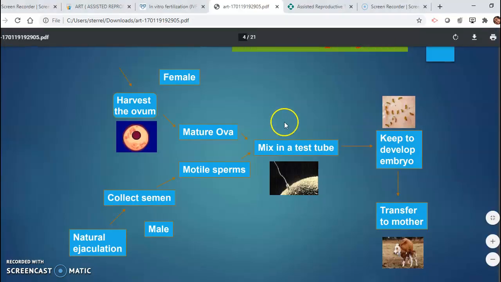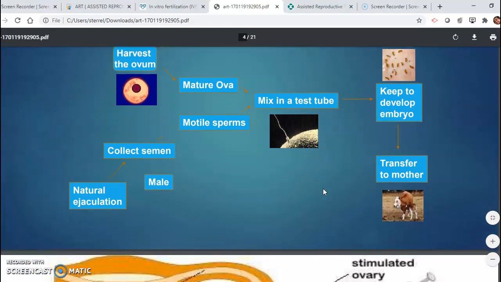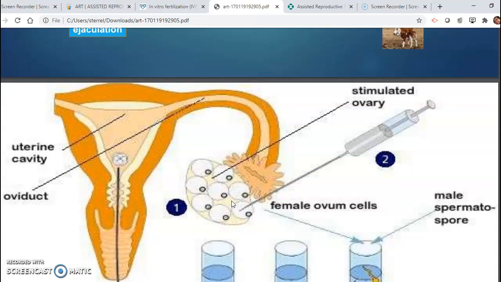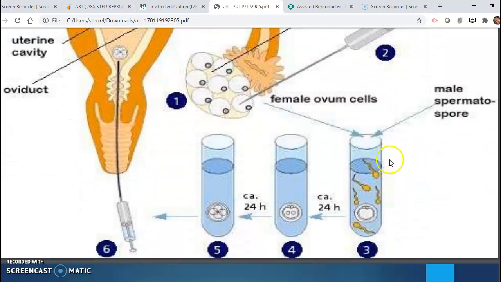Now we will just come back. Here you could see the first step is the super ovulation, where the ovary is stimulated to produce more eggs at a time, and the second step is to take them out from the ovary. The oocyte is retrieved, and the third step, you could see, it has been mixed with the motile sperms and kept for 24 hours to 2 days.